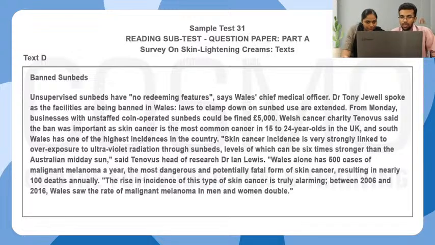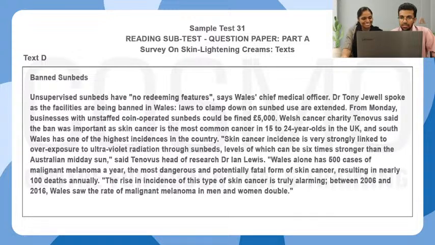The fourth last line in the double quotes: Wales alone has 500 cases of malignant melanoma a year, the most dangerous and potentially fatal form of skin cancer, resulting in nearly 100 deaths annually. And in the next sentence it is given, the rise in incidence of this type of skin cancer is truly alarming. So that's the keyword malignant melanoma, which is found in text D. So Jyotis got it right, Ashutosh got it right, and Care Plus got it right. They have all said it is D, and you people made it correct.